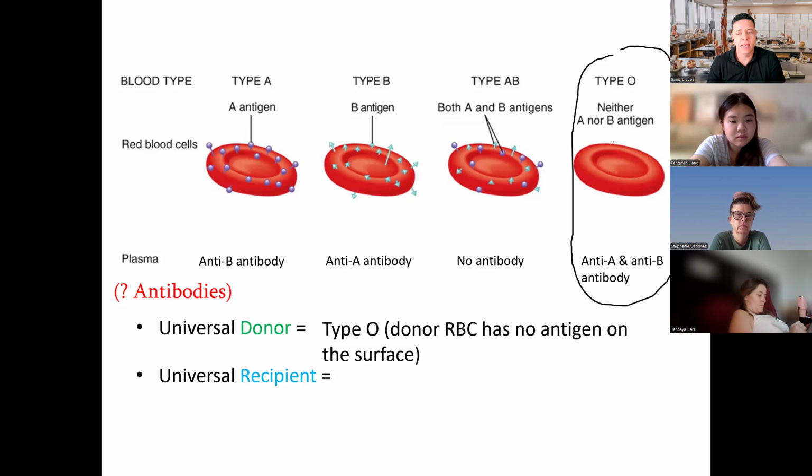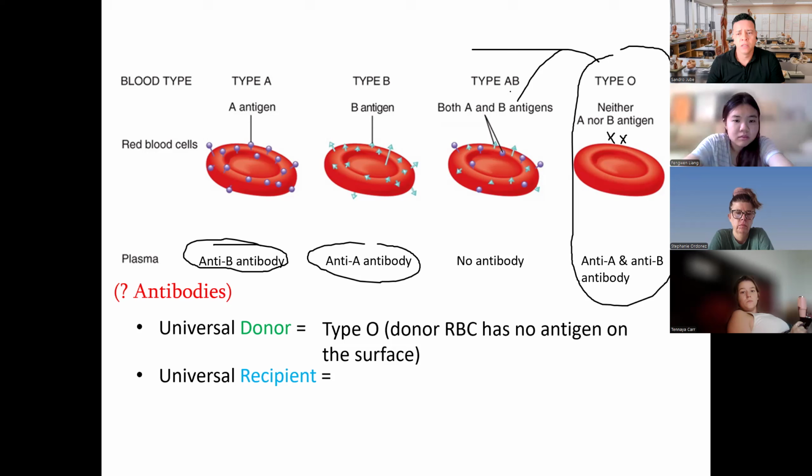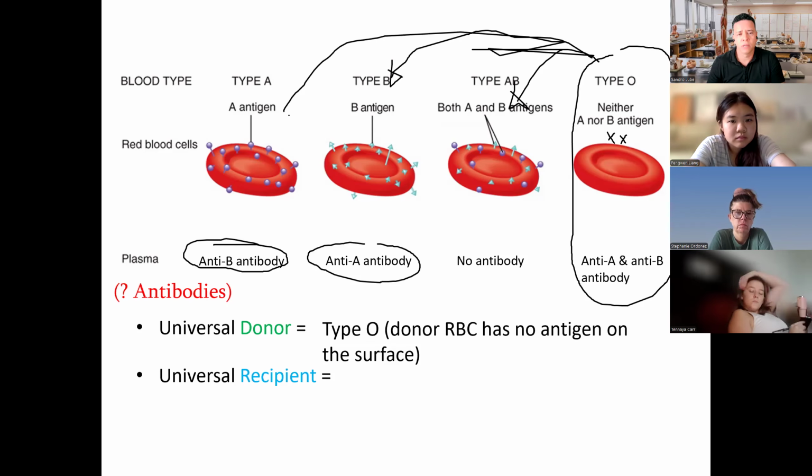The reason is they have no antigens on the surface of the red blood cell. So it doesn't matter what antibody you have, because an antibody needs an antigen to bind. So you can give blood to anybody without any worry about the red blood cells being destroyed, because there are no antigens on the surface.